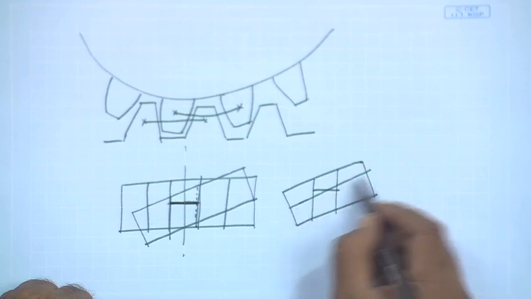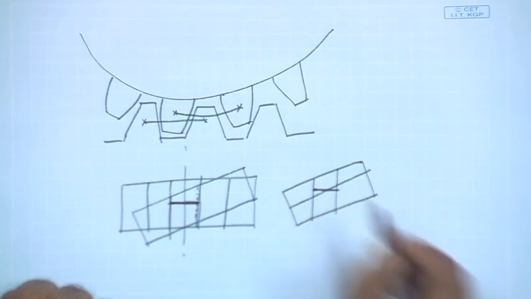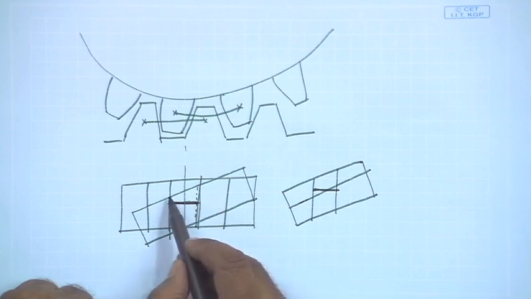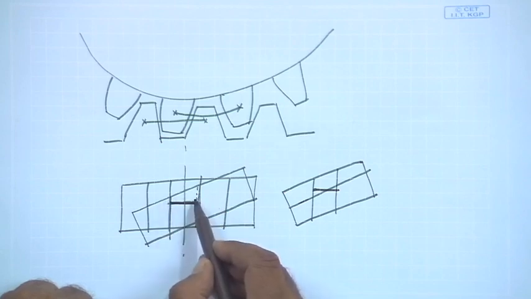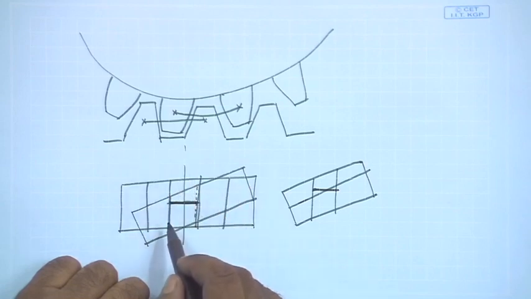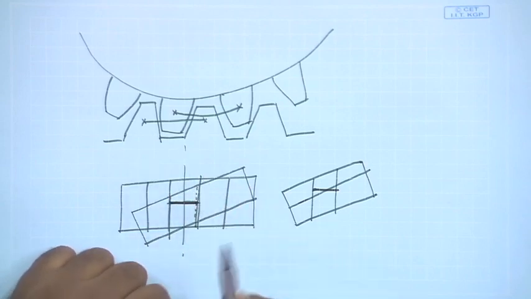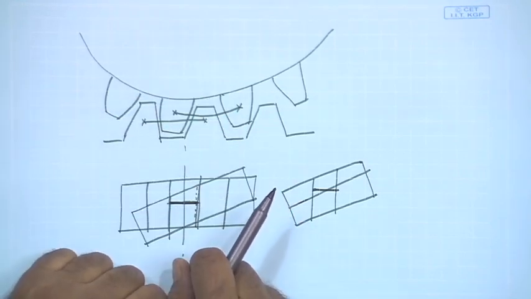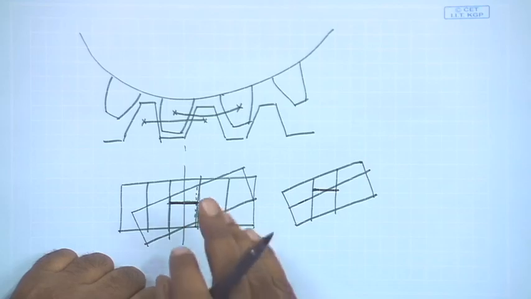So, we are not talking of axial pitch, we are talking about the normal pitch. Normal pitch has to be equal to the circular pitch of the gear. This is the equality which has to be maintained so that they will be in mesh. This particular equality does not necessarily have to be satisfied in all cases, but it is the general case.